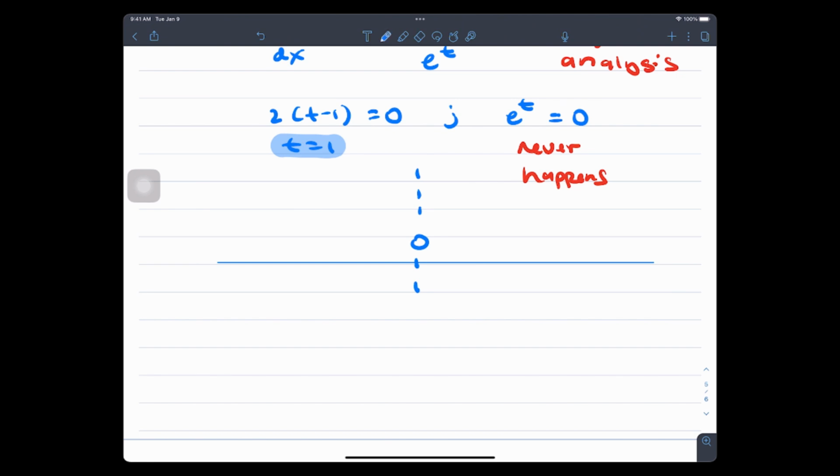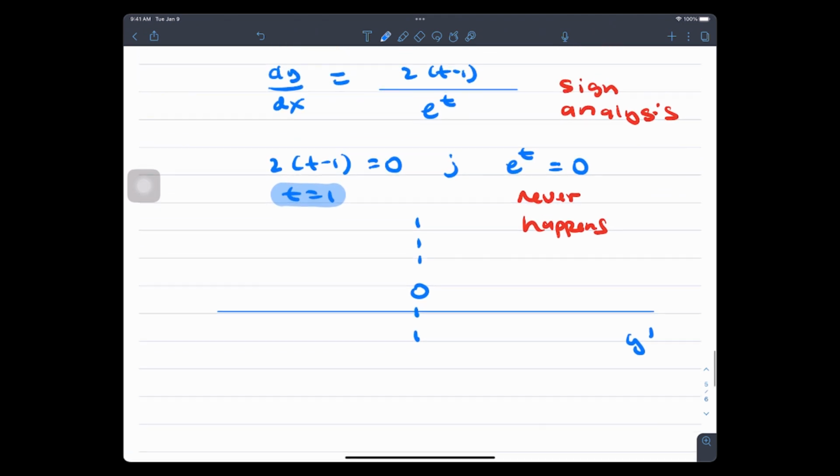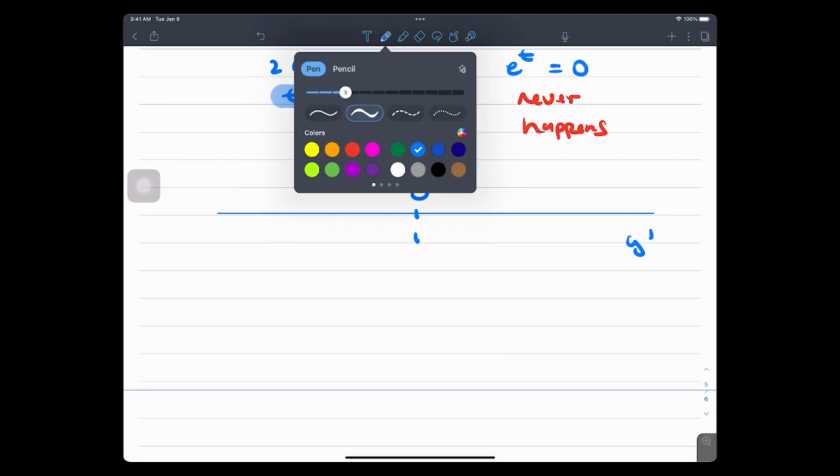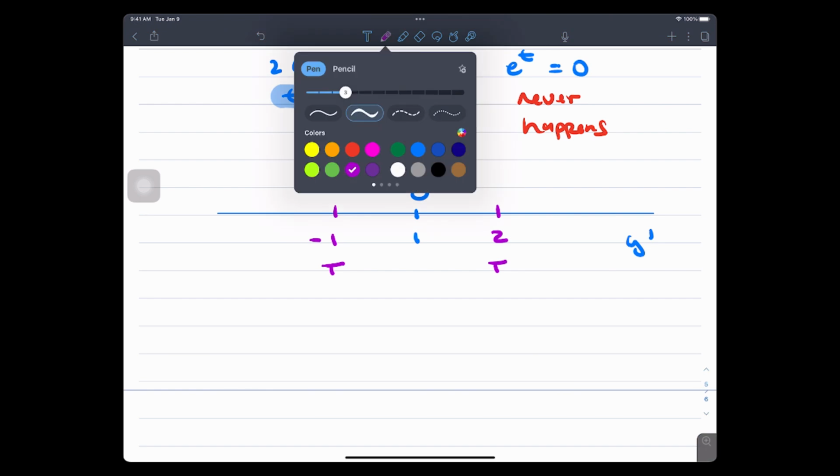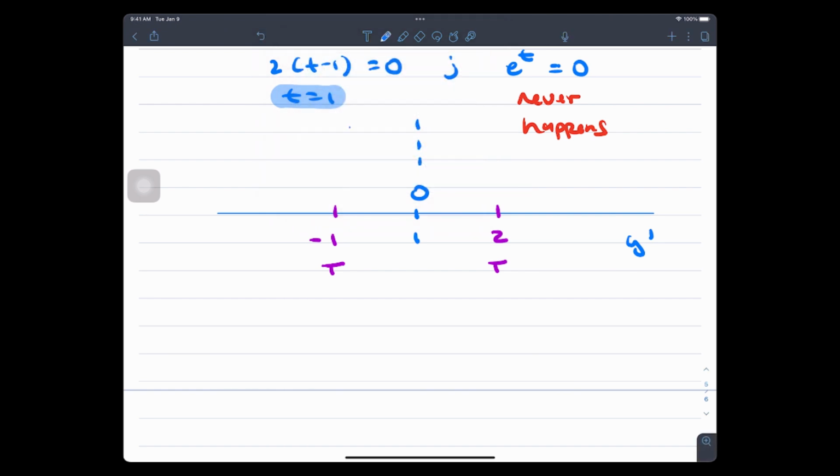Equals 0. Okay? The derivative is 0 when t is 1. So we have a horizontal tangent when t is 1. Now, do your test points. -1 is a test point. +2 is a test point because what do you have? You got 2 regions here.